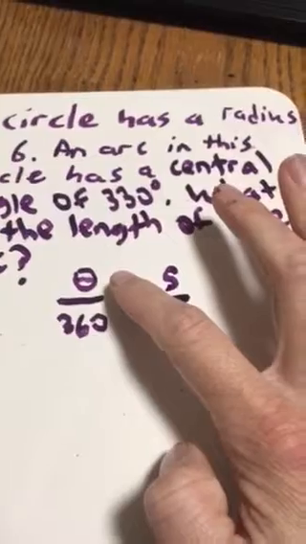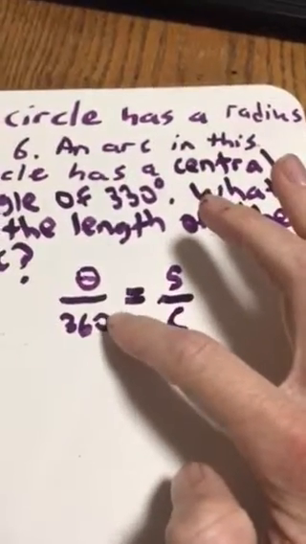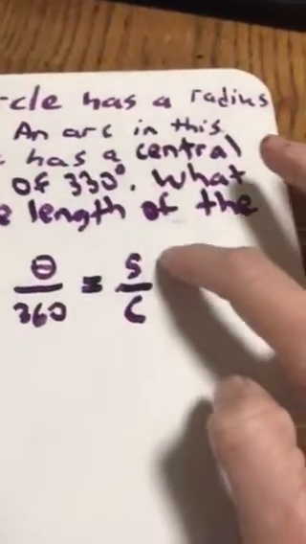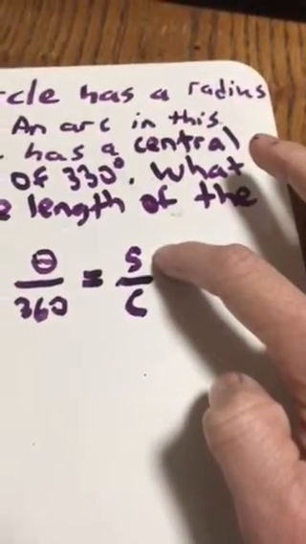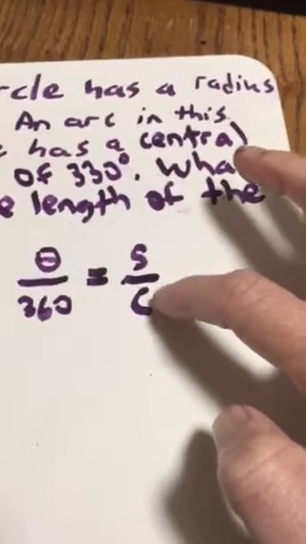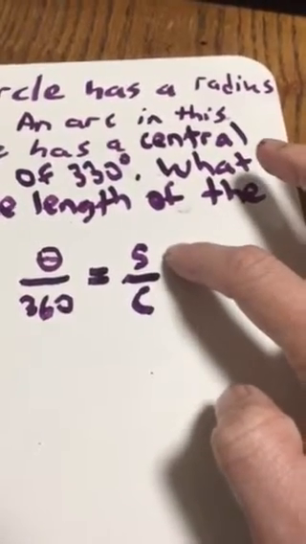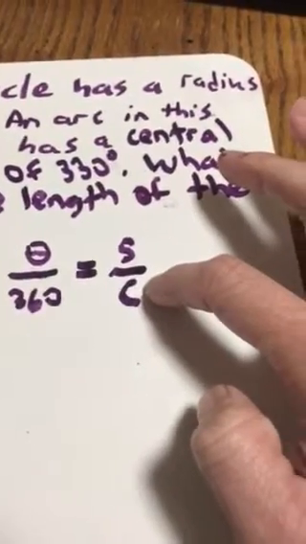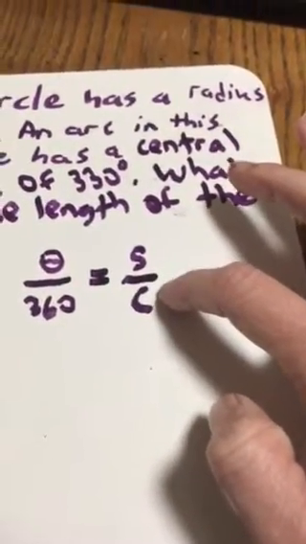All right, so theta is the degree measurement. It's a specific degree measurement on the circle. 360 is the degree measurement of the entire circle. And then we have S to represent arc length over the total circumference. So the specific arc length over the total circumference. All right, so that's the proportion that you'll want to use for this.